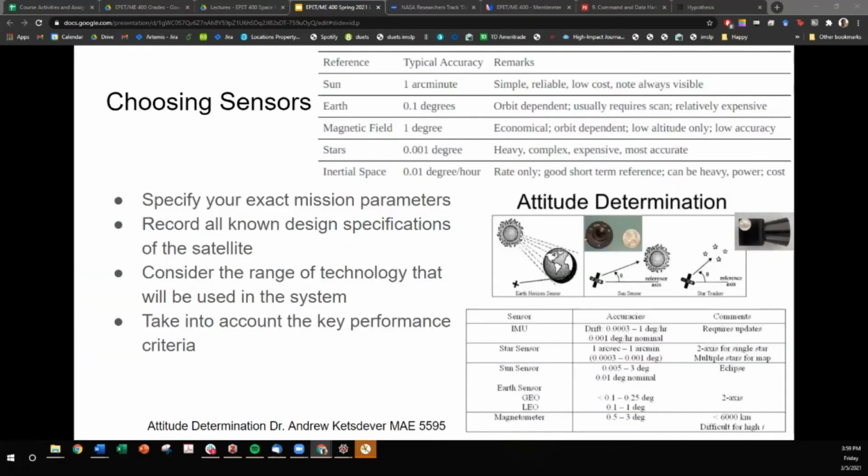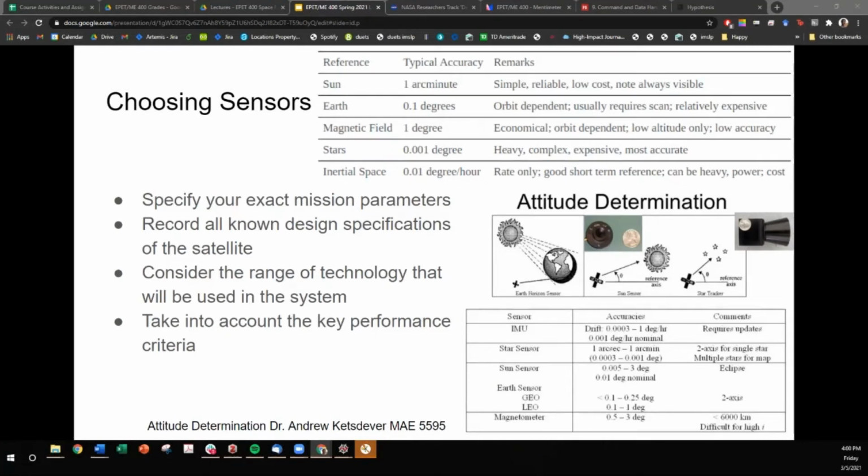Okay, to close our little section about choosing sensors, the way that you choose sensors for your mission is you need to know your exact mission parameters. For your missions, for example, you're Earth observing and you're looking for specific phenomena, so you need to know the resolution necessary to measure those phenomena.